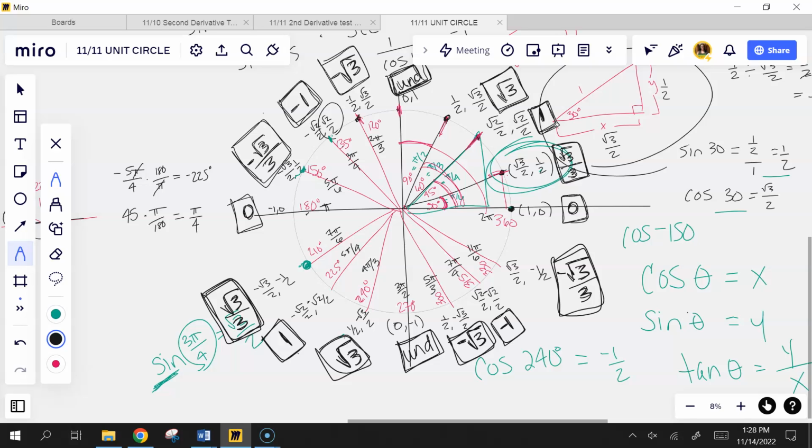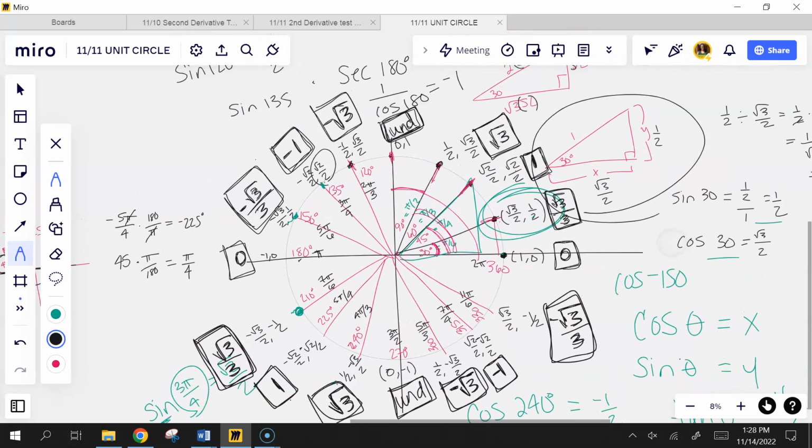So in quadrant 1, everything's positive, right? So positive would be sine, cosine, and tangent. Negative's none. In quadrant 2, sine is positive, but cosine and tangent are both negative. That's just kind of to help you if you need.